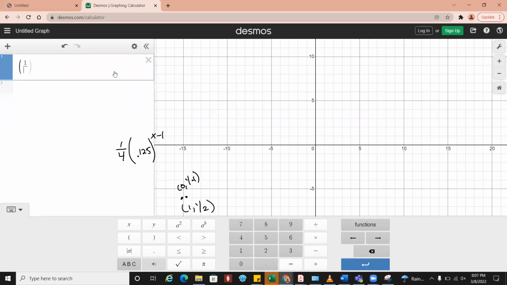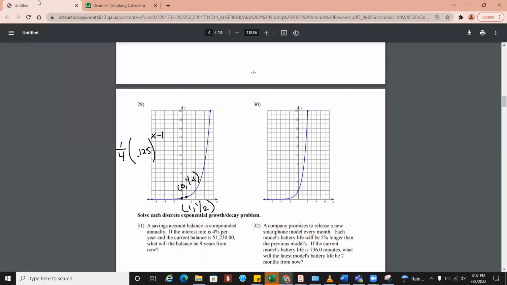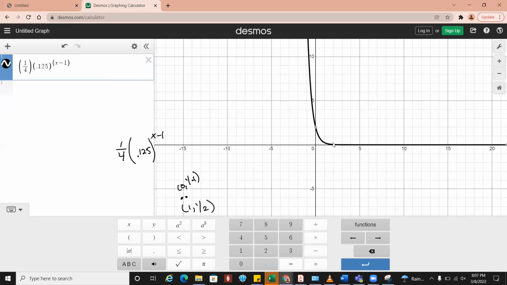Now I'm going to take the equation that I just wrote, plug it into Desmos, and make sure that it plotted correctly. If it didn't plot correctly, we're going to make adjustments to make it work. I'm just doing this off the top of my head. Okay, so we can see that it's facing the wrong way. How do we flip it?